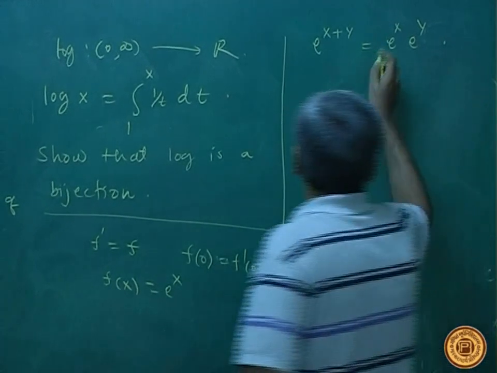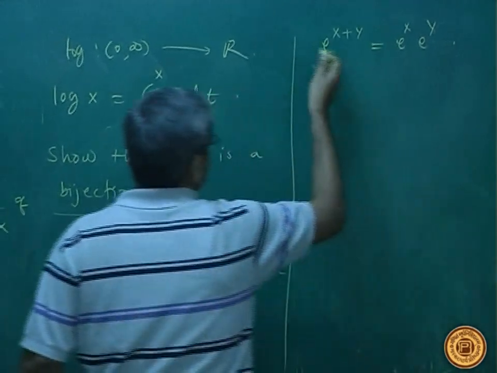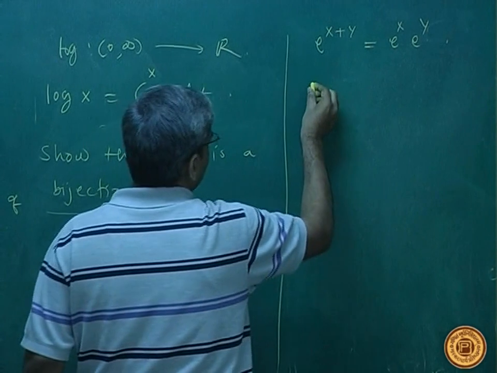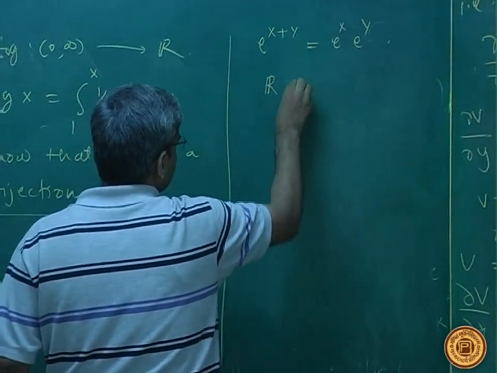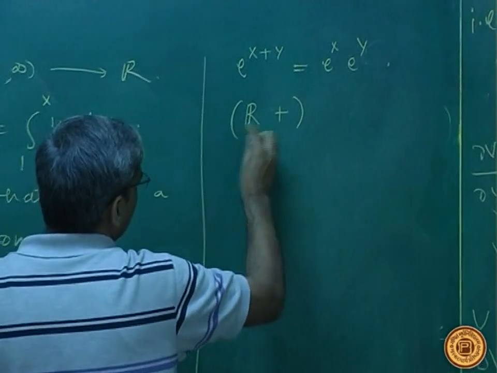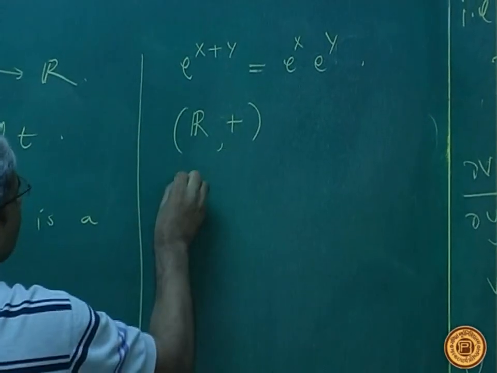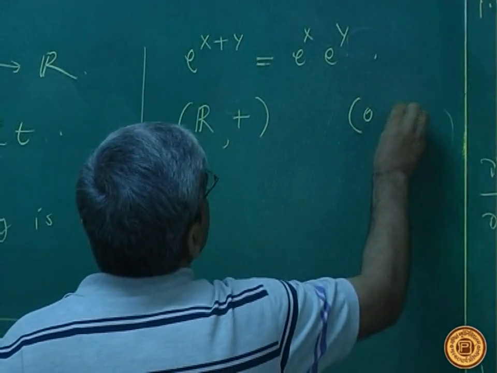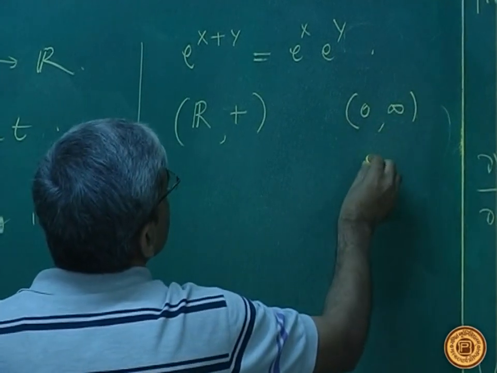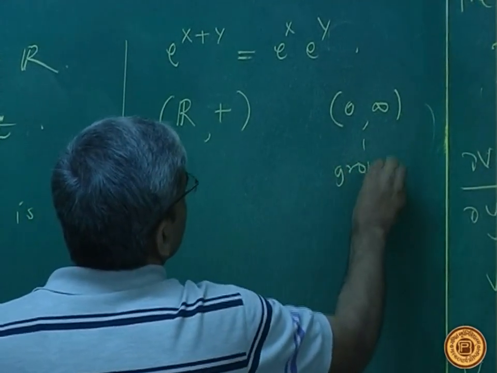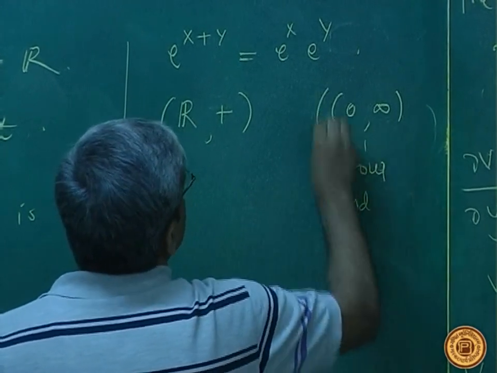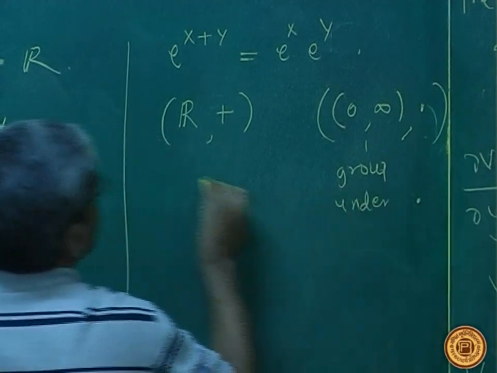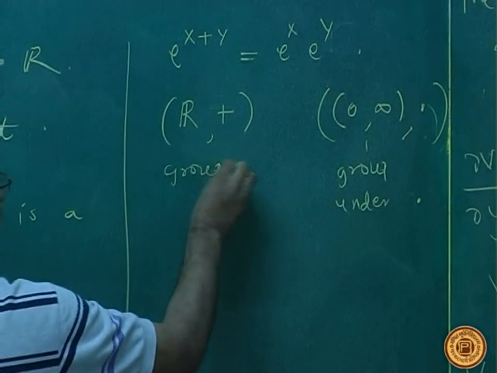This is a very important property, and we can rephrase this as: if you consider R under addition, then it's an additive group, and then I may consider (0, infinity), that is, positive real numbers. So this is a group under multiplication.